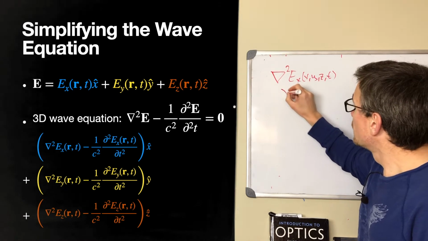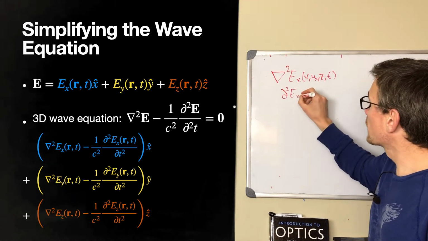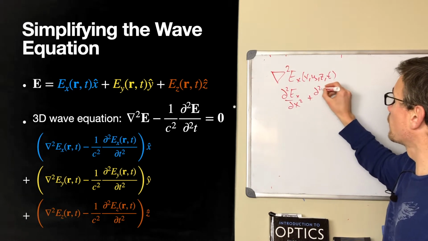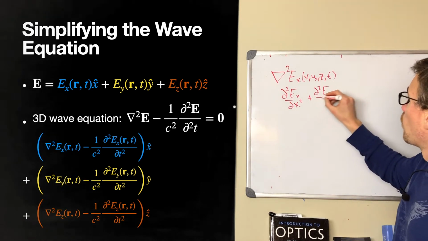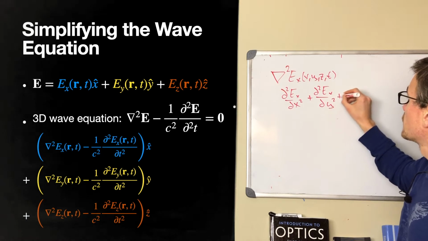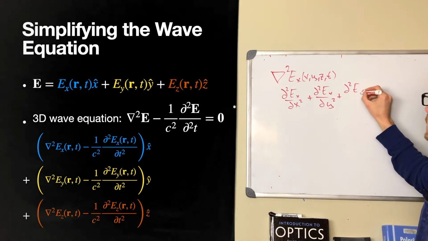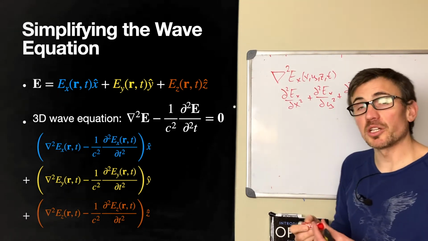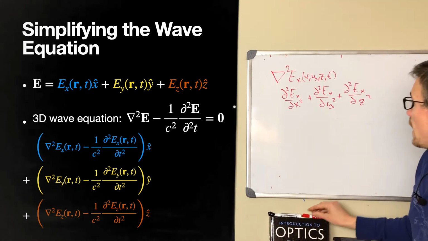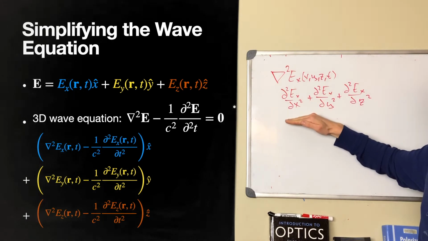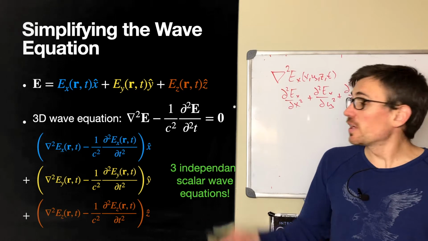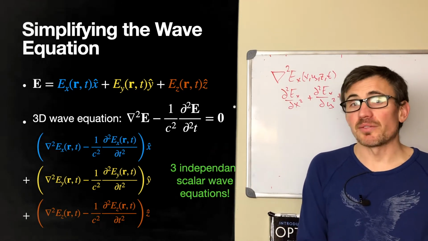And the Laplacian is the second derivative of Ex with respect to x squared plus the second derivative of Ex with respect to y squared plus the second derivative of Ex with respect to z squared. Okay, so that's what that Laplacian is actually telling us. And it's the same Laplacian for the y and z components. All right, so three copies of the scalar wave equation.